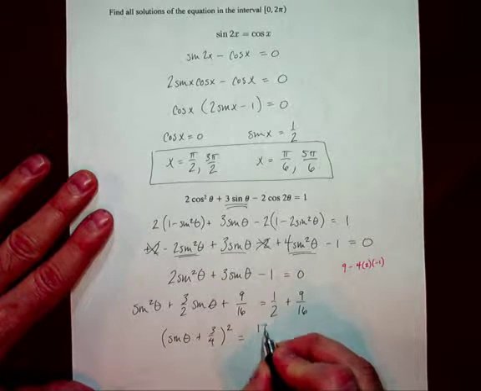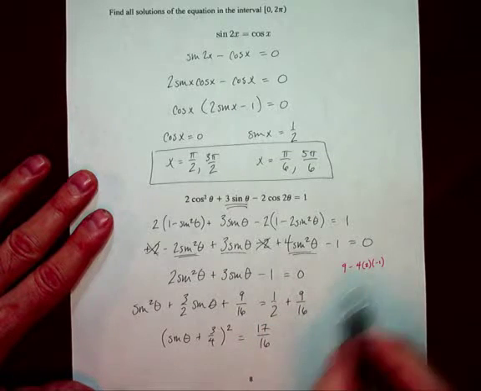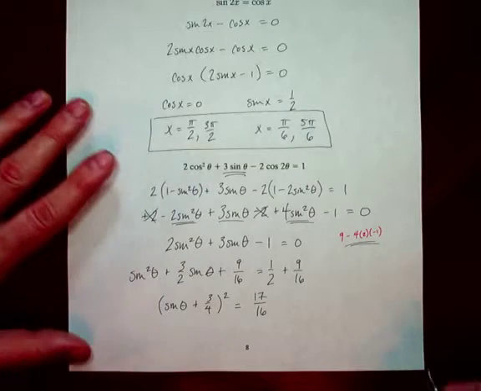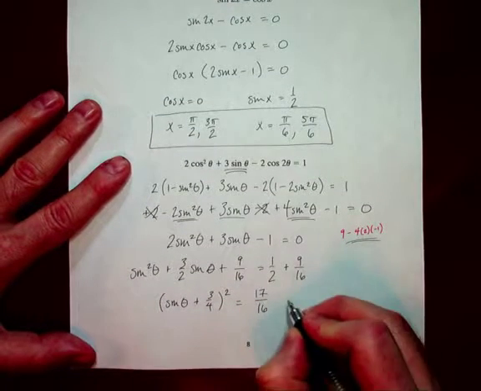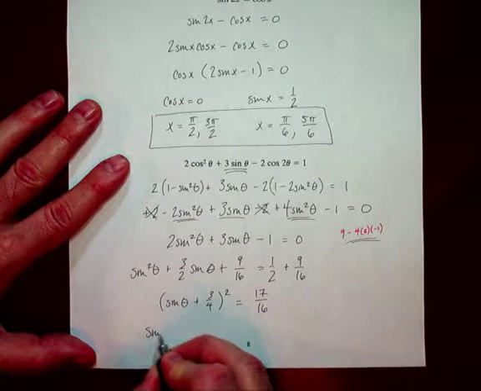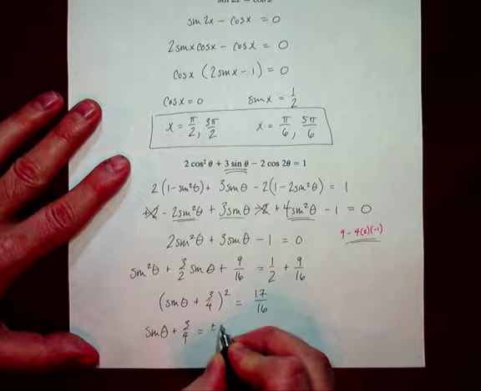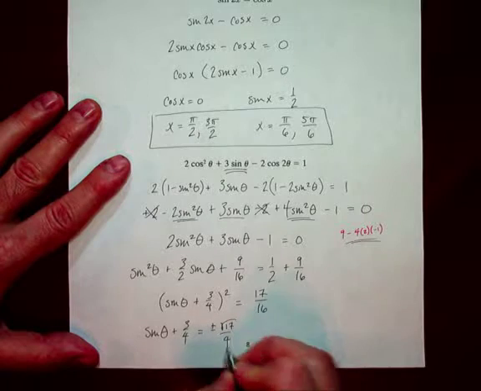That's going to be 17/16. There's that 17, right? So sine theta plus 3/4 is equal to plus or minus root 17 over 4.